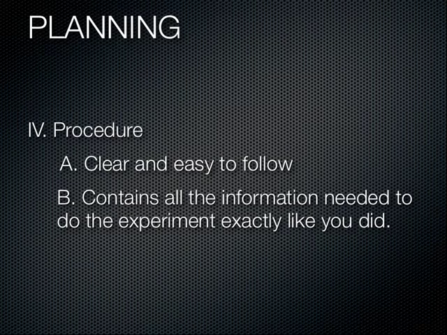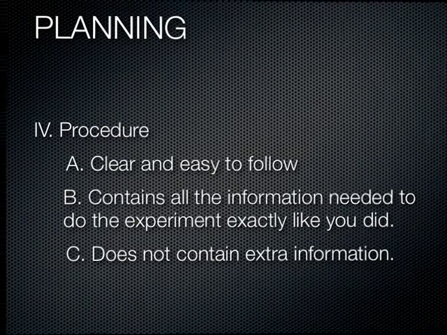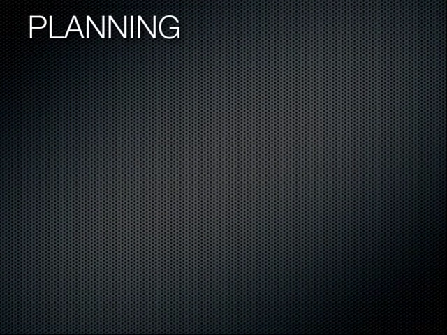You can't say, and then we did our method, and then not explain what that is. Someone else who's never seen your experiment should be able to do it based on your written procedure. And make sure it doesn't contain too much extra information. We don't want it to be too long, but just long enough to make sure someone else can do it and that it's clear.